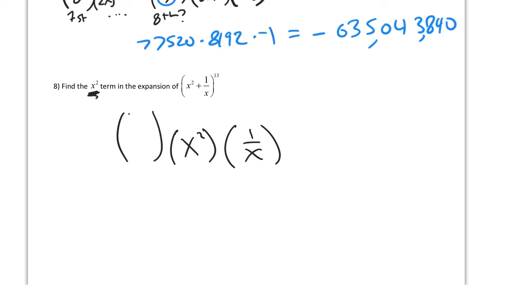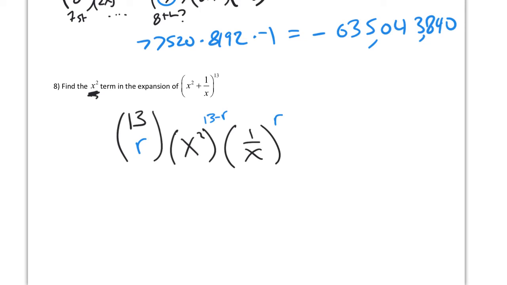So let's build up what we know. I know that I'm going to have 13 here. Right? And I know I'm going to have some bottom number. Maybe let's call that r, and choose r. So we'll have that r. And because of that, I know that the exponent on 1 over x is r, which would make the exponent on x squared 13 minus r.